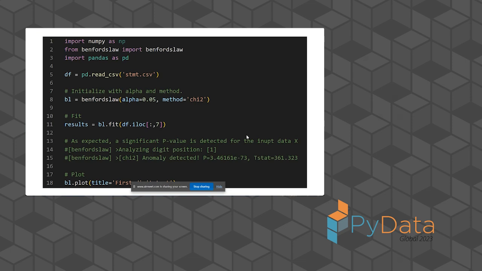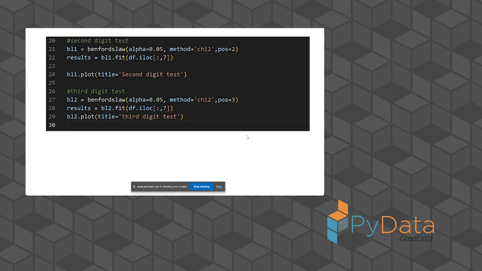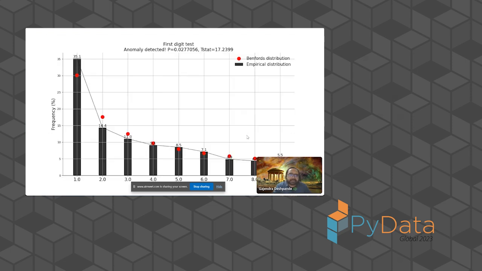Then you can apply the Benford's law algorithm using the fit function. Compute the significant p-value, and if Benford's value is greater than the chi-square value, then you can say that an anomaly is detected, and plot the values using the plot function. Similarly, you can extend the code for the second digit as well as the third digit if you are interested.